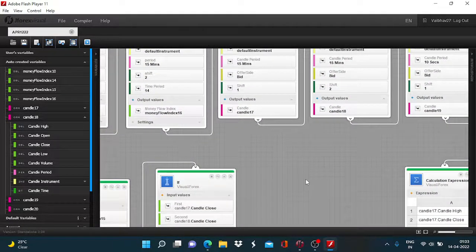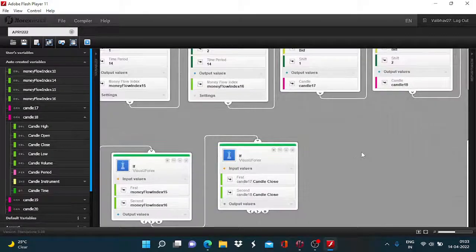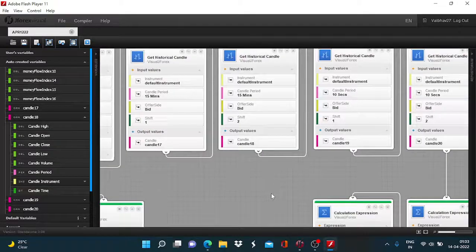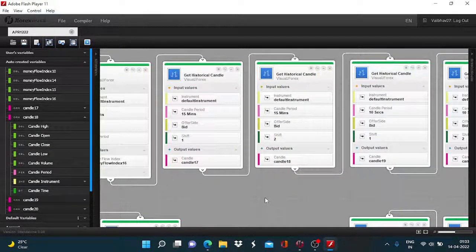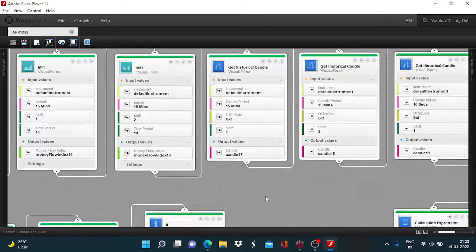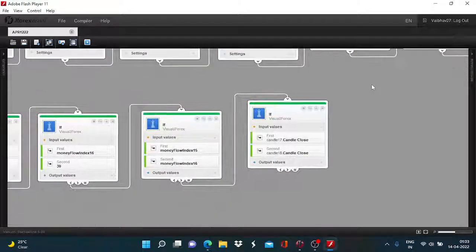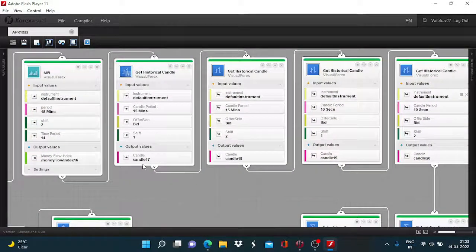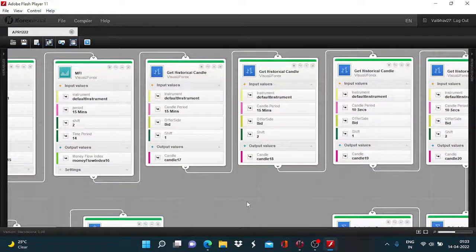And we are not really concerned with how the last 15-minute candle closes, or, if you feel like, you can add the condition that it should be still in decline. So that is also a possibility. So let's go for that. We will add the condition that the candle 17 candle close needs to be lower than the candle 17 candle open. Okay.